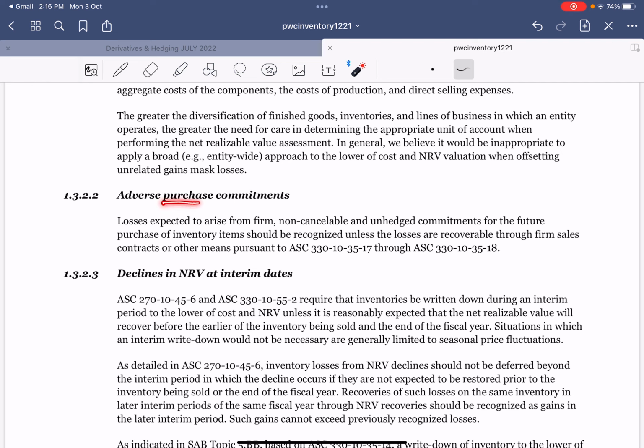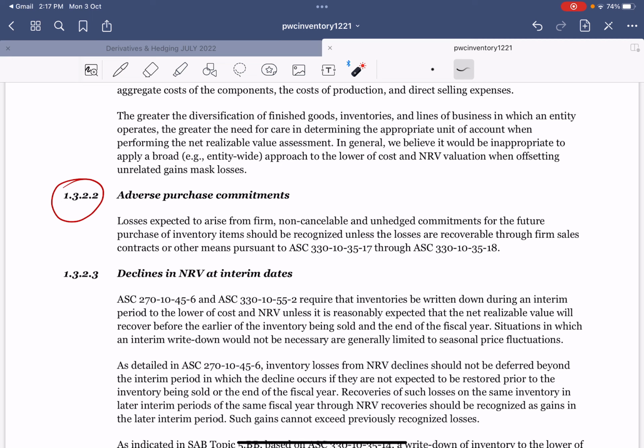Okay, adverse purchase commitments. Losses expected to arise from firm, non-cancelable and unhedged commitments for the future purchase of inventory items should be recognized unless the losses are recoverable through firm sale contracts. So ASC 330. Okay, I have to read this a bit again, but I have pretty much understanding.